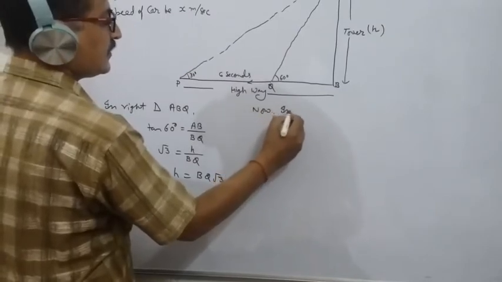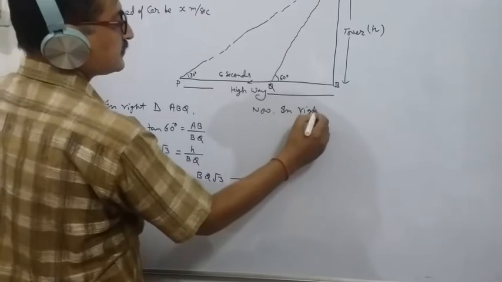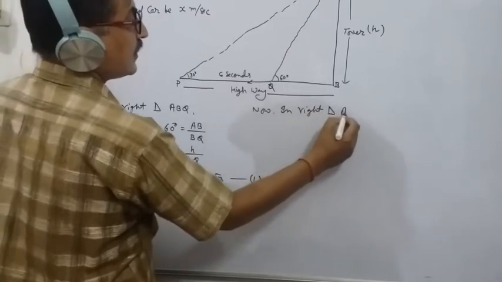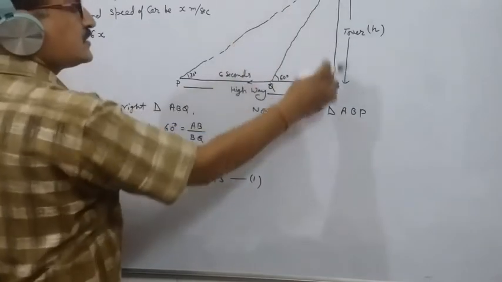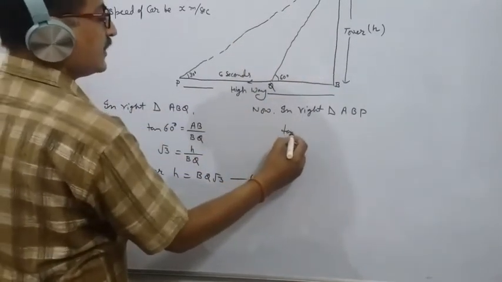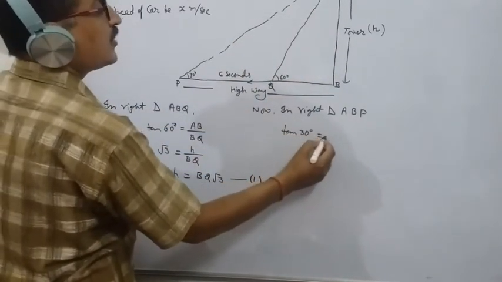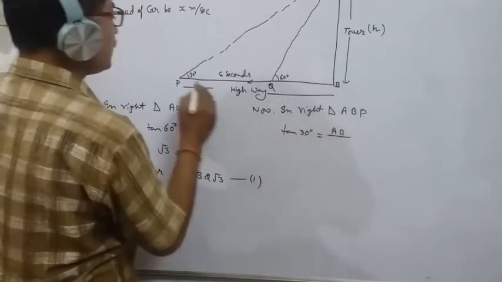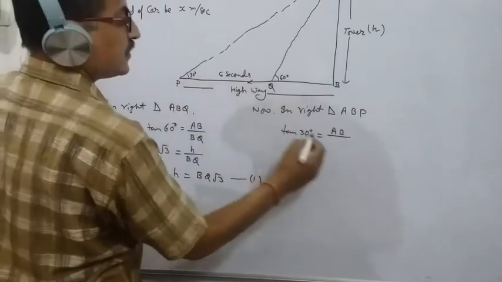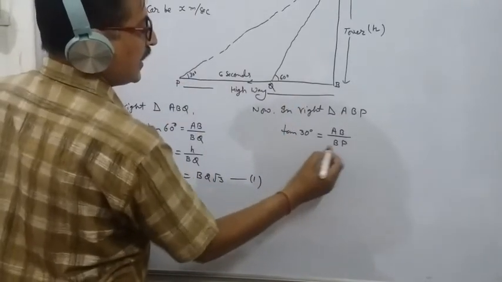In right triangle ABP, we have to take tan 30 degrees. Perpendicular is AB, and the base is BP.